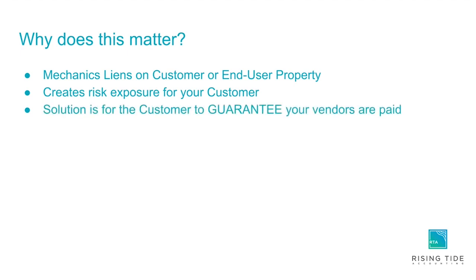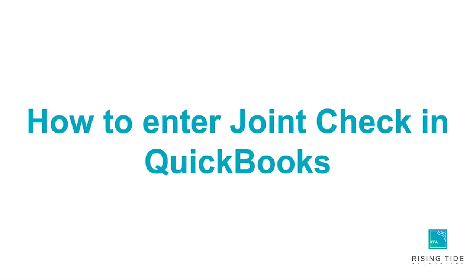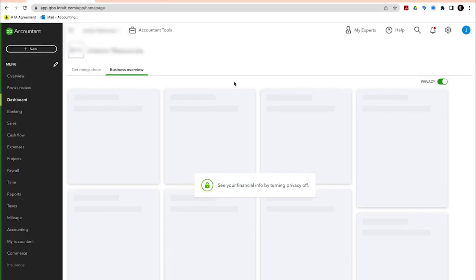So the solution is for your customer to guarantee that your vendors are paid through a joint check as the vehicle. And the intent is that it protects all parties to ensure that there's no exposure for risk. But you as the contractor, or just from your company's standpoint, need to understand exactly how these pieces fit together in order to ensure that you manage those transactions correctly. So next step is we're going to go over how to enter a joint check in QuickBooks or really any other accounting system. Okay, now we are going to go ahead and enter a joint check.